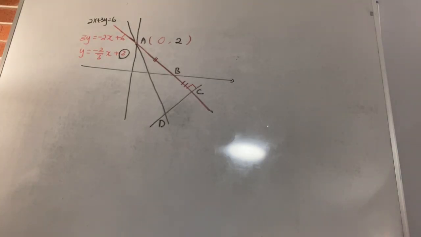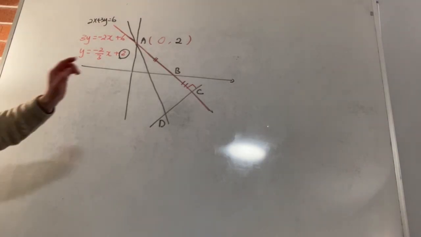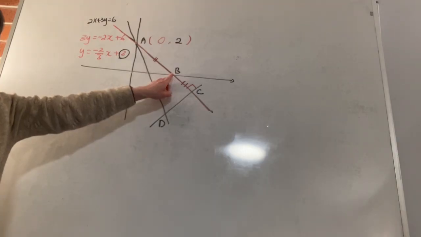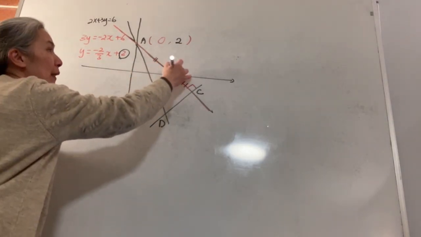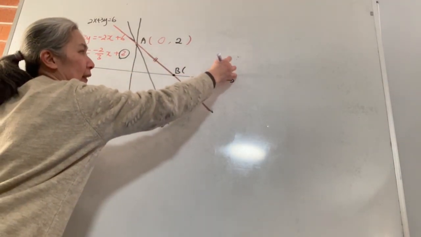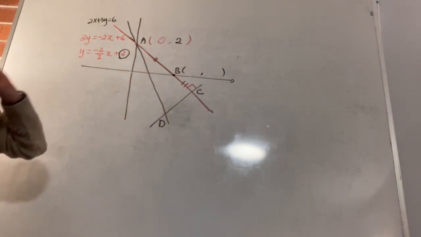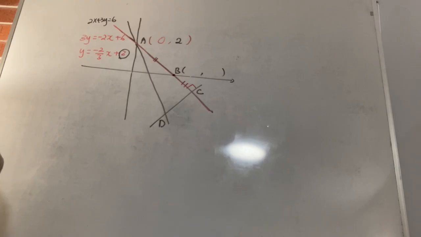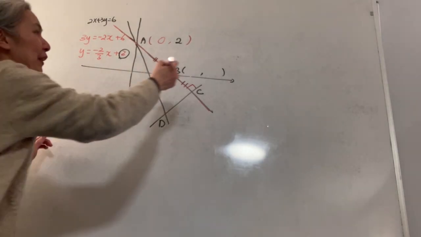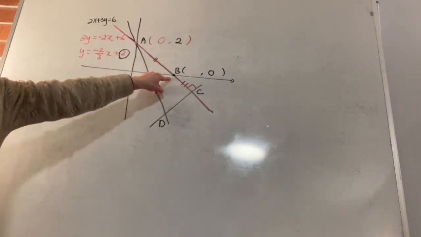The second point I want to find out is B. Can you tell me how I can find point B? What is the coordinate you know? Do you know the x or do you know the y? The y has to be 0, because this point is on the x-axis.